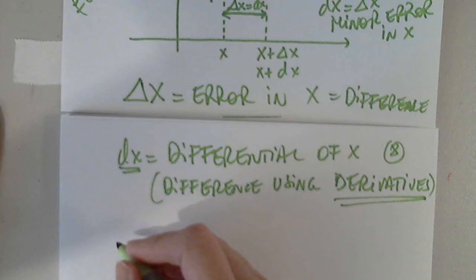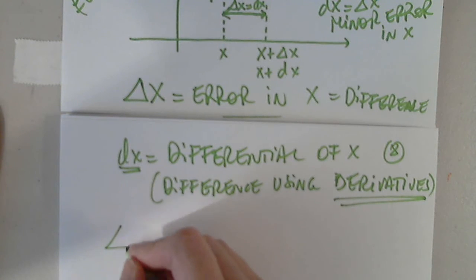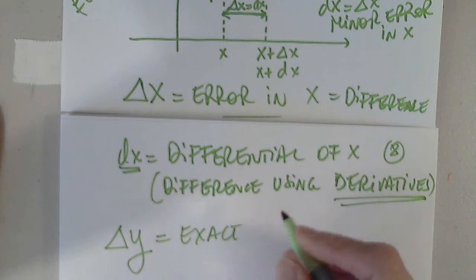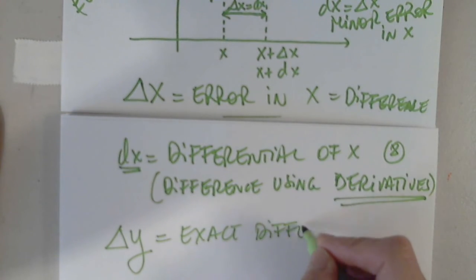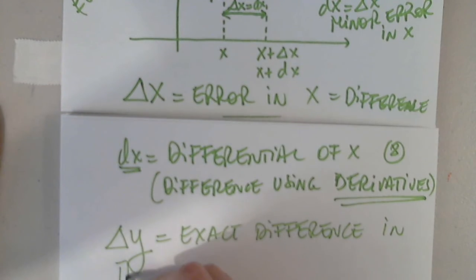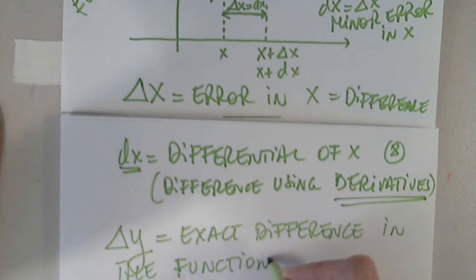Here's number one. Delta y, the exact difference in the function values when dx or delta x happens.